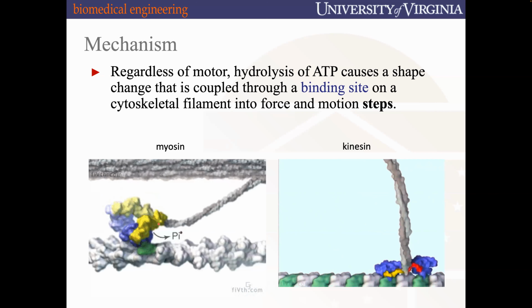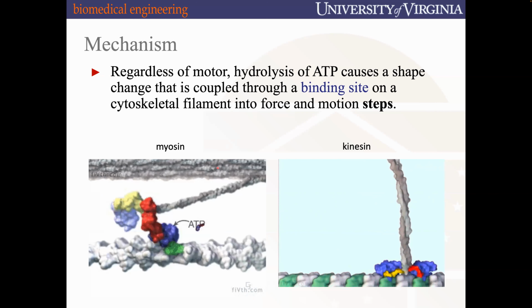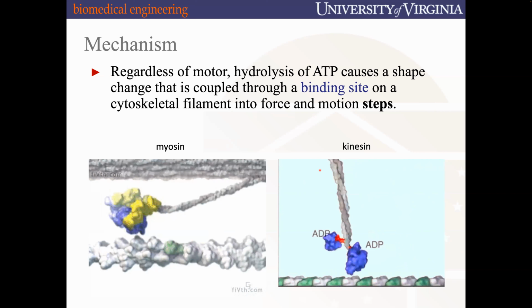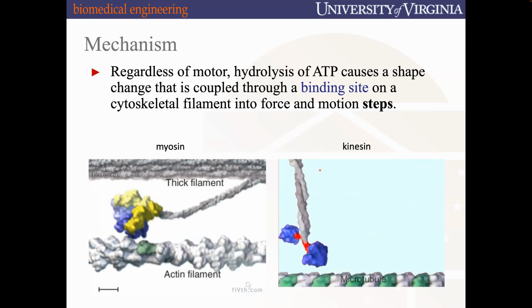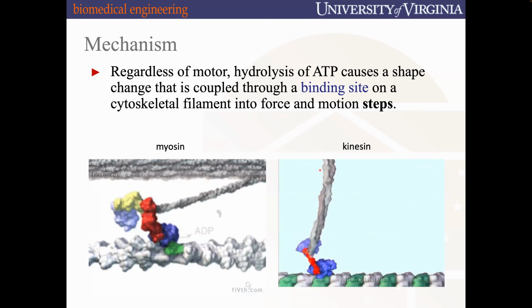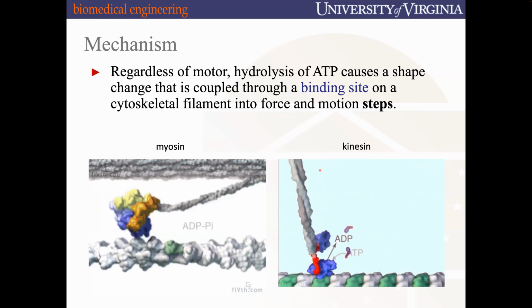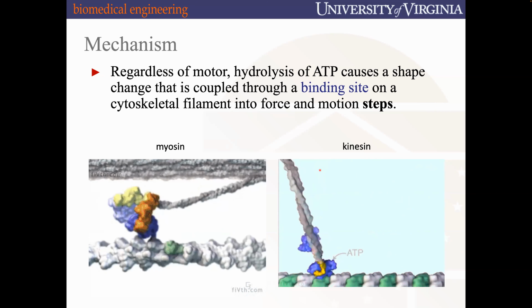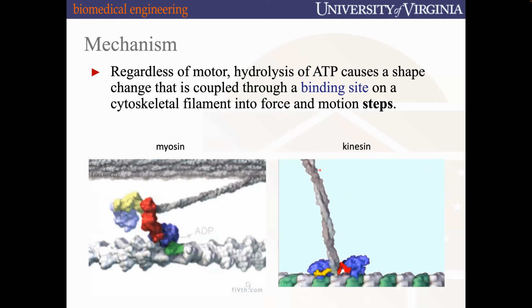You can see the example here for either myosin or kinesin, which work in different ways, but both bind ATP, change their conformation, rebind, and move forward in this way.